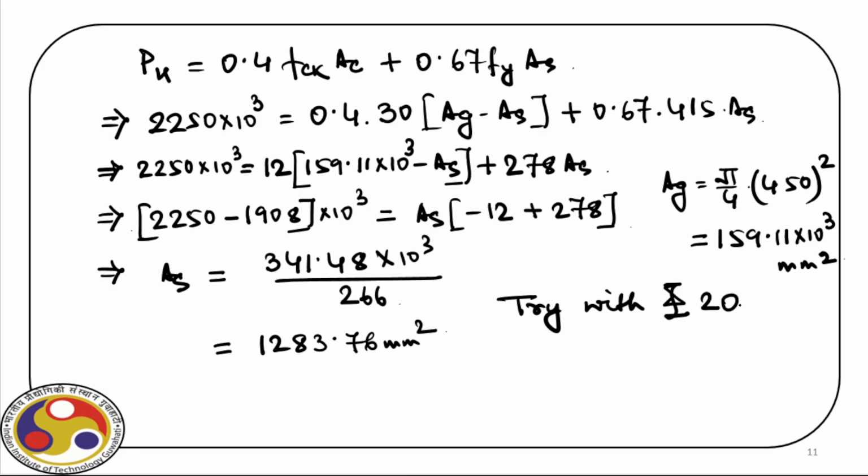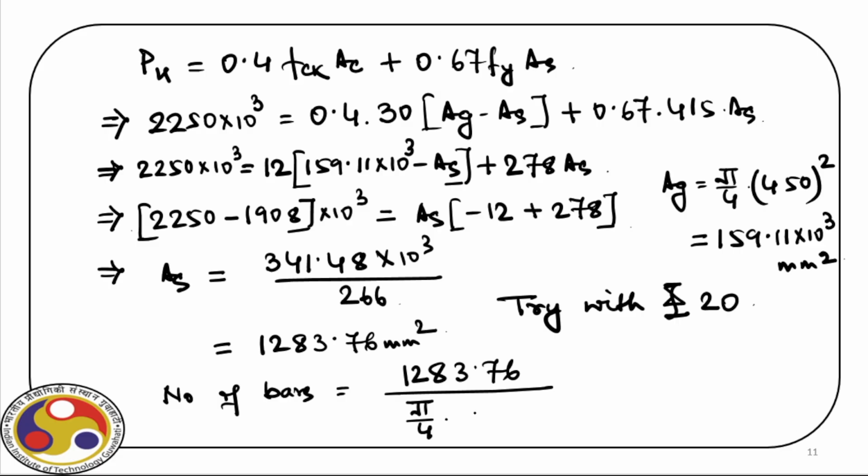So let us try with phi 20. So the number of bars is equal to 1283.76 divided by pi by 4 into 20 square. And this is equal to 4 number of bars.